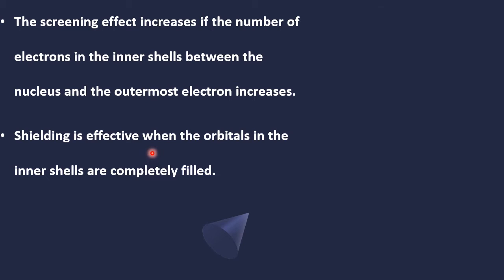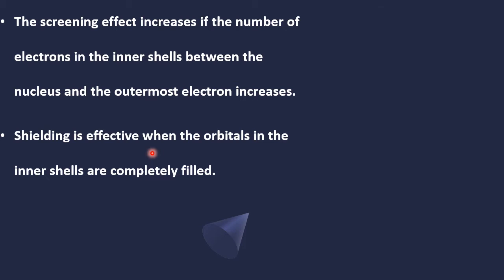This case arises when you see the electronic configuration of the alkali metals. One example, sodium, atomic number 11. Its electronic configuration is 1s2, 2s2, 2p6, 3s1. So the outermost electron is 3s1. Before 3s1, what is there? 2s2, 2p6.